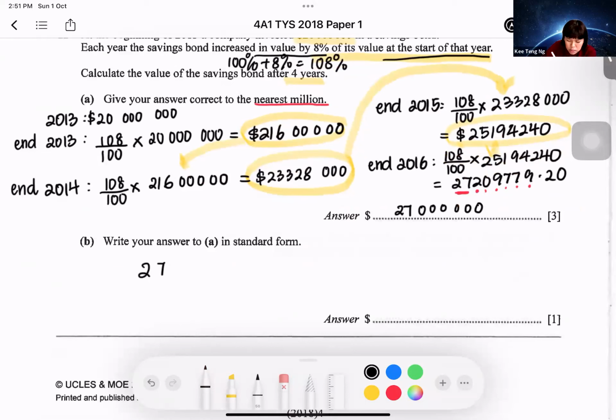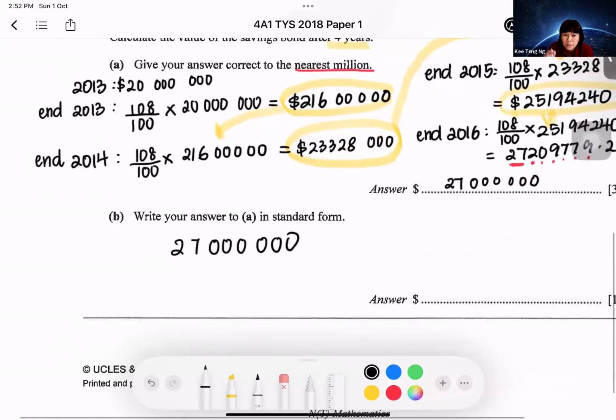So I need to change this number 27,000,000 to standard form. In standard form, the number must be bigger than 1 but smaller than 10. Where can I put my decimal place? I can put it as 2.7 over here times 10 to the power of something, right?